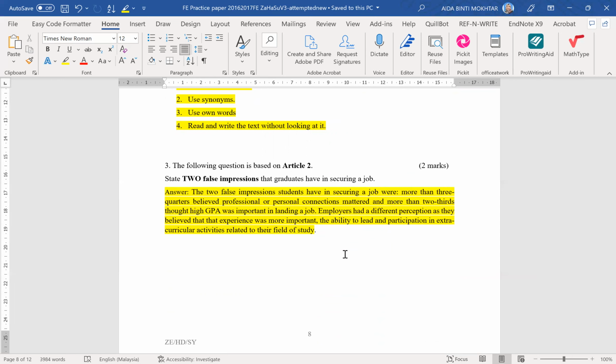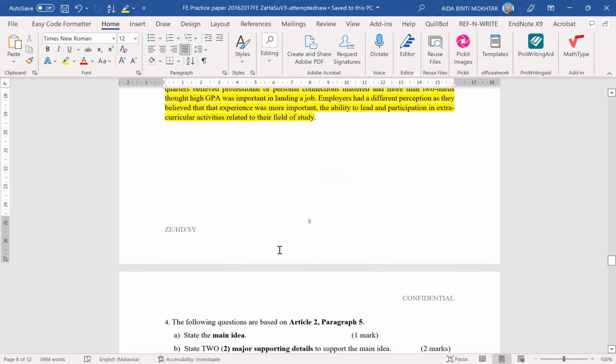But the thing is, it differs compared to what the employers think. So the students believe one thing and the employers believe something else. You need to carefully look for the 2 false impressions, and these were the impressions I got.